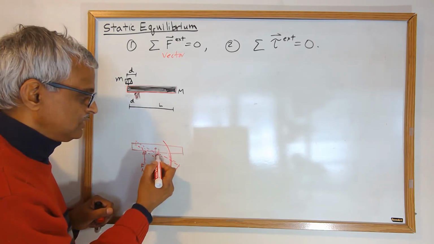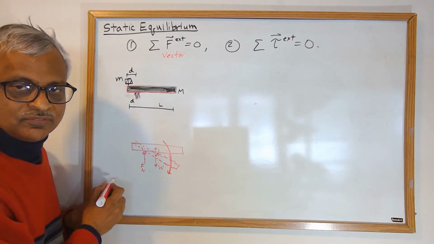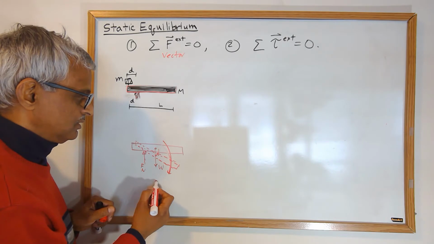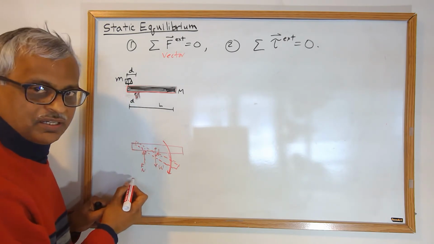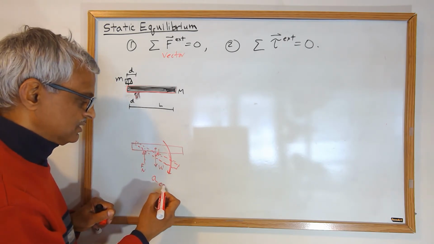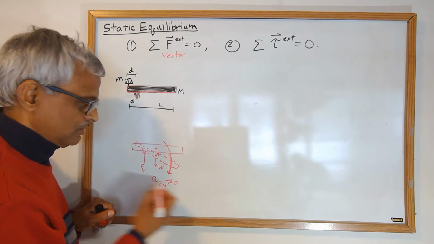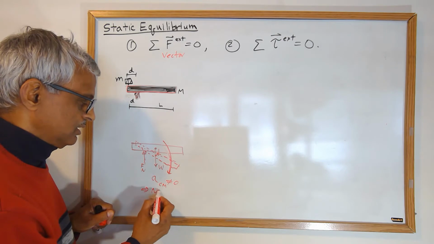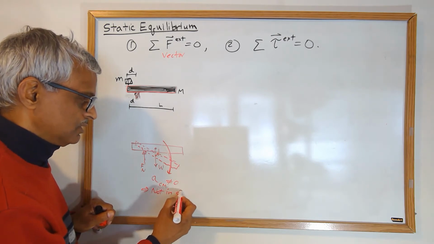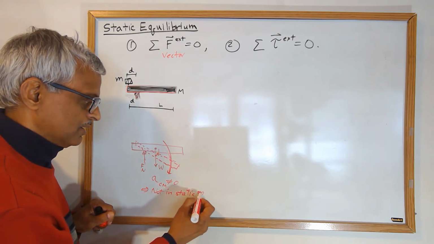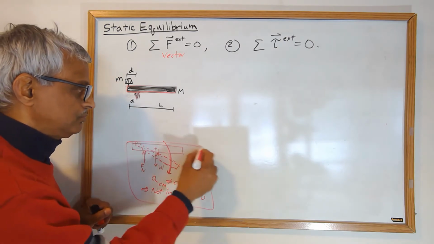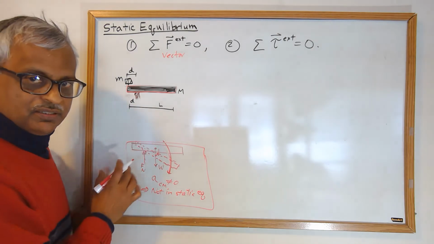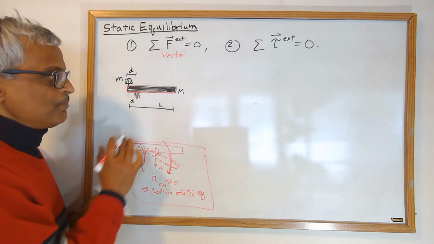So the center of mass accelerates. If there's nothing else over here, then the acceleration of the center of mass of the board is not zero. That means it's not in static equilibrium. So this is the intuition we bring here.